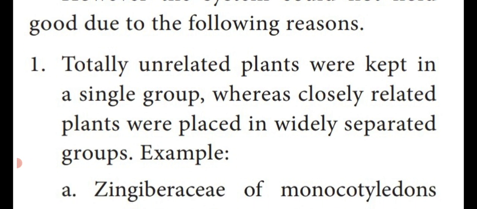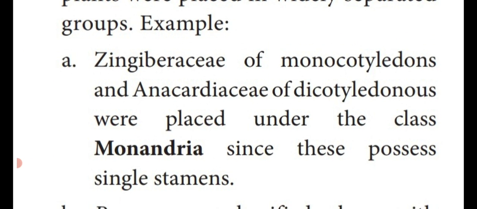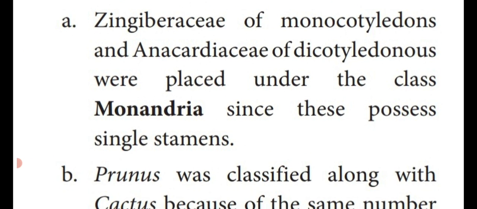For example, Zingiberaceae, example Zingiber officinale, ginger, inji, a monocotyledon, that means the embryo has only one cotyledon. And Anacardiaceae, Anacardium occidentale is the binomial name of cashew nut, a dicotyledon, that means the embryo has two cotyledons.